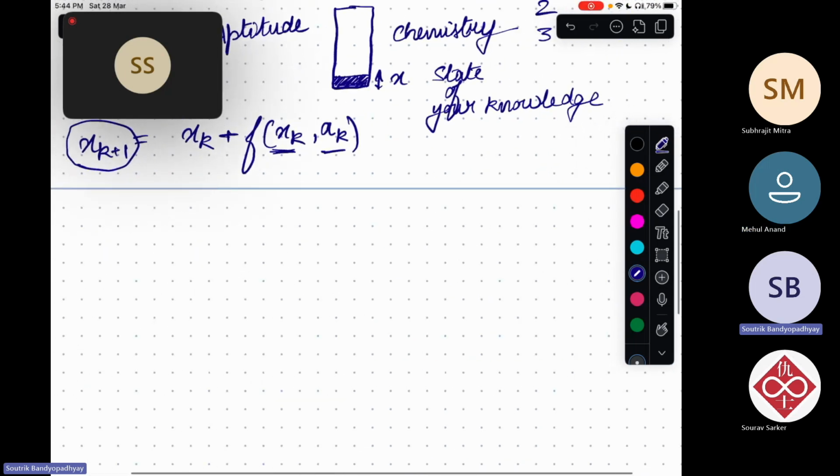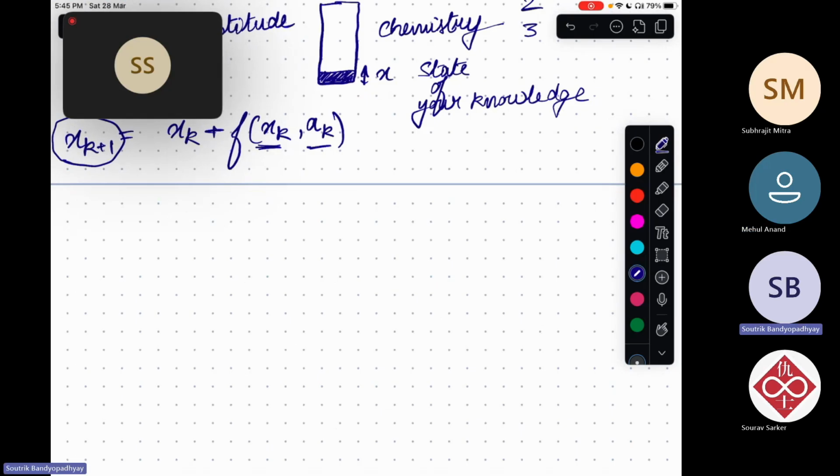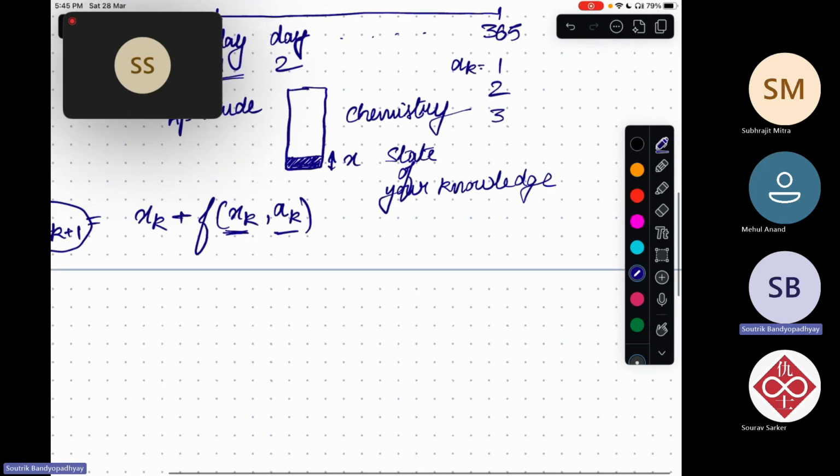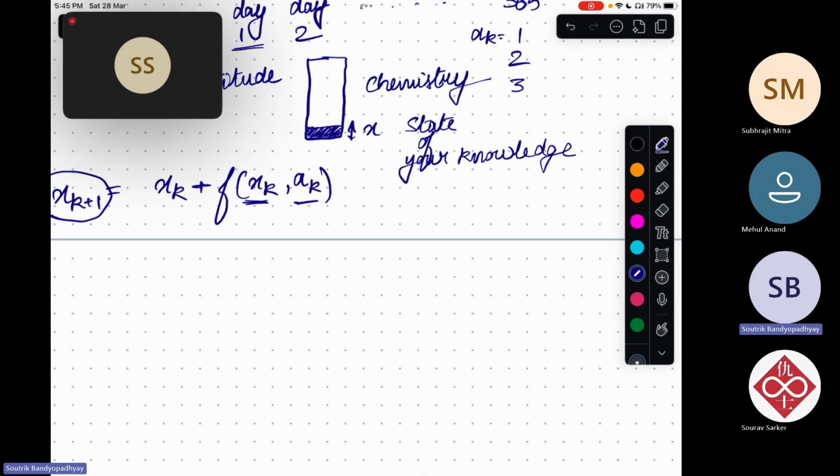Now, we often know that this is not deterministic, right? Suppose you read two chapters, you may or may not end up increasing your knowledge. So there is a sense of disturbances that may arise.